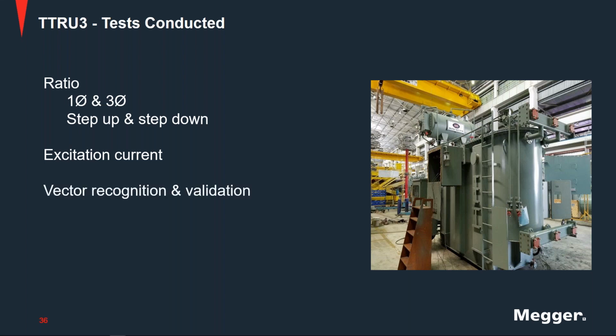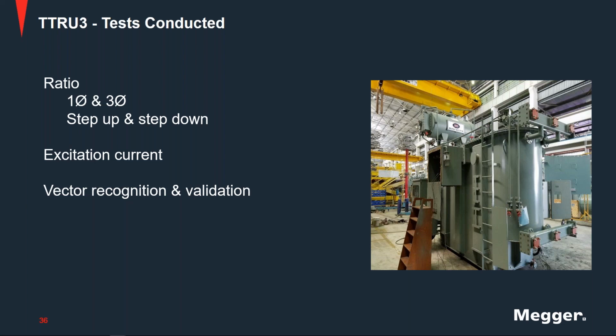Vector recognition and validation. We do have functionality within the Ttru3 where you can say, I have a primary and secondary winding, tell me what phase shift it is. And it will come back and tell you if it's a DD0 or a DD6. In addition to that is vector validation. At the beginning of each test, we do a 1-volt probe test where we validate that the leads are connected properly, that there's no short-circuited windings.